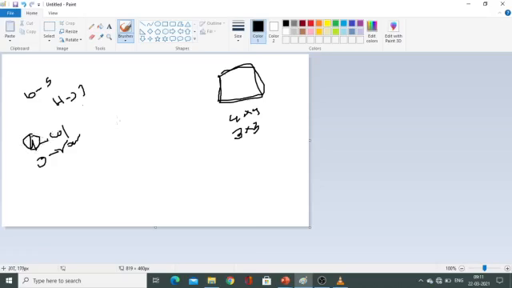So Amy should want a 4 cross 4 square. And how many small squares does she want to make a big square? Since she needs a 4 cross 4, she needs 16 squares to make a big square. Okay, so we have to calculate how many squares she presently has.